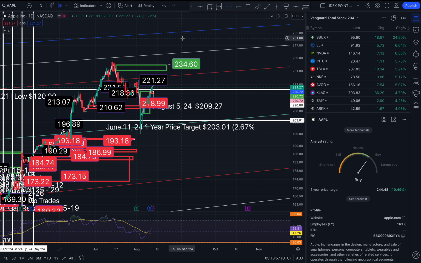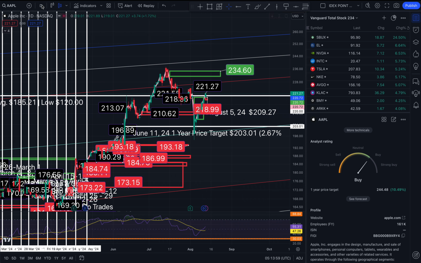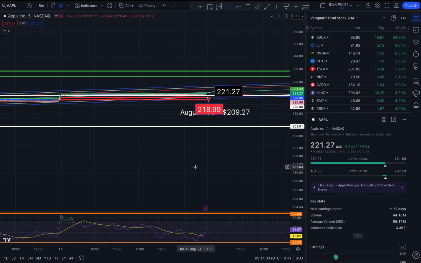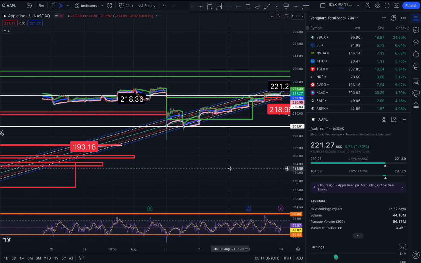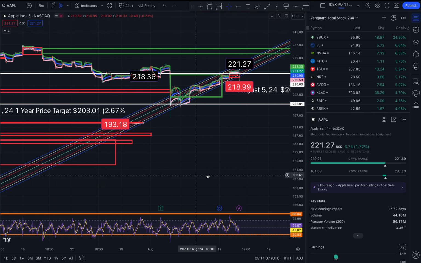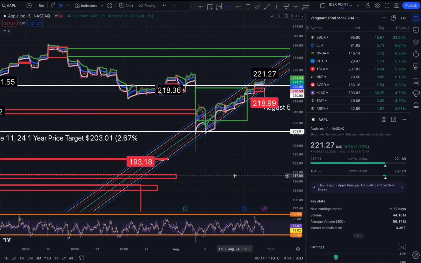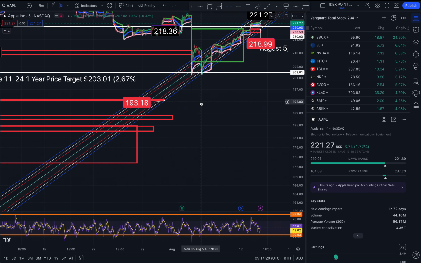Obviously, we've dipped down here and there just because the market tanked, but in general, we are staying in the $200 range, and it's fabulous finally to see, because this thing deserves it. Other stocks have run. Apple's just always lagging behind. And finally, we're seeing some traction.